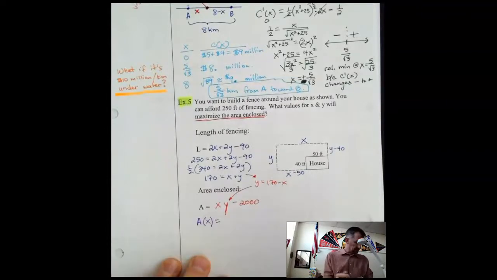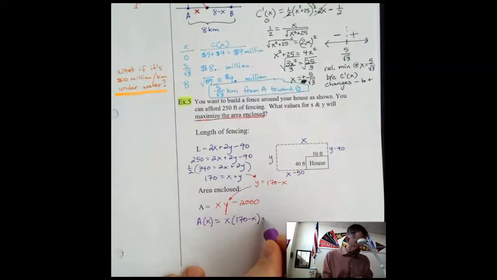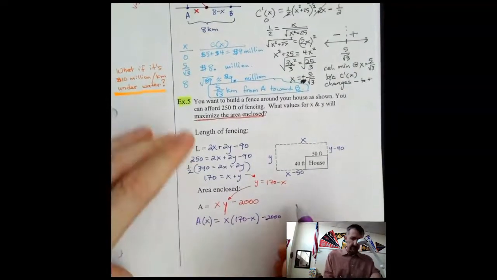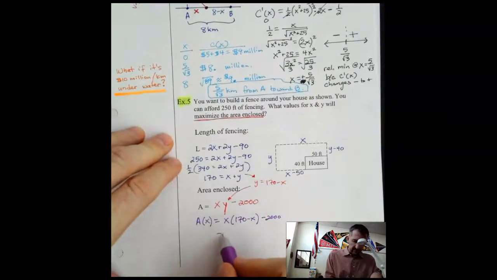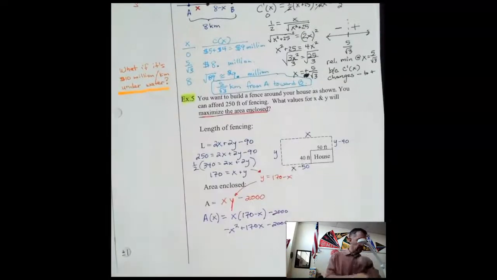Okay? So that's going to be x times 170 minus x minus 2,000. So if we distribute that, that's going to be negative x squared plus 170x minus 2,000. Okay?